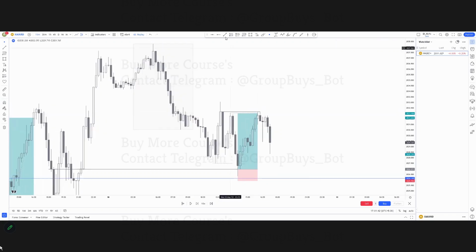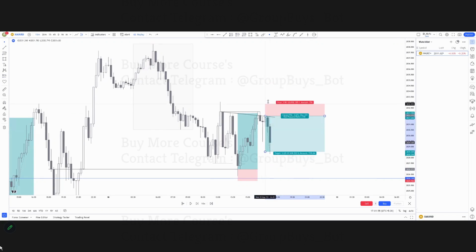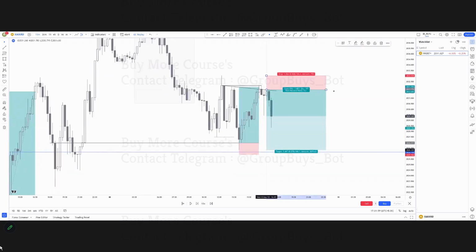First step, no trend line support, so wait for trend line support. Okay, here we have the support of a trend line to take the trade. So now the entry comes from here. Where do I put my stop loss? Let me put my stop loss here, and I will target this low.